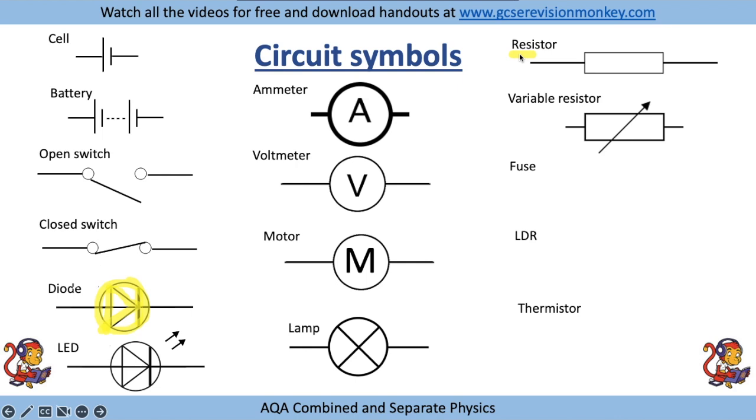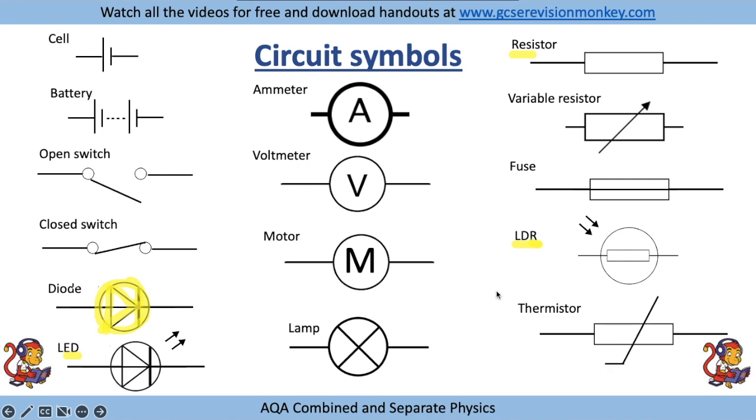A fuse is a resistor with a line going straight through it. An LDR is a light dependent resistor. So again, think resistor, I must start with a rectangle, and these arrows show the light going in. So it's dependent on light, light dependent resistor, as opposed to the diode, which is emitting light. And then finally, the thermistor, like so.